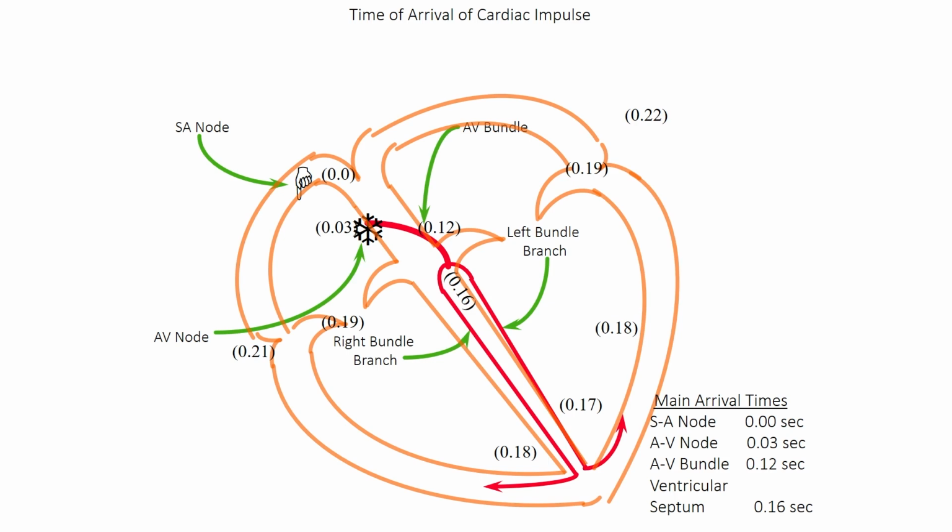This diagram also shows the spread of the cardiac impulse and the arrival times. The arrival time at the SA node is 0 seconds, the AV node 0.03 second, the AV bundle 0.12 second and the ventricular septum 0.16 second. Have you got it?